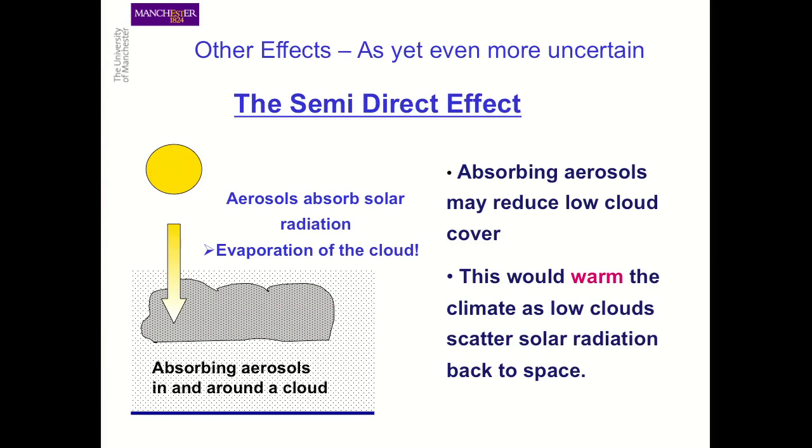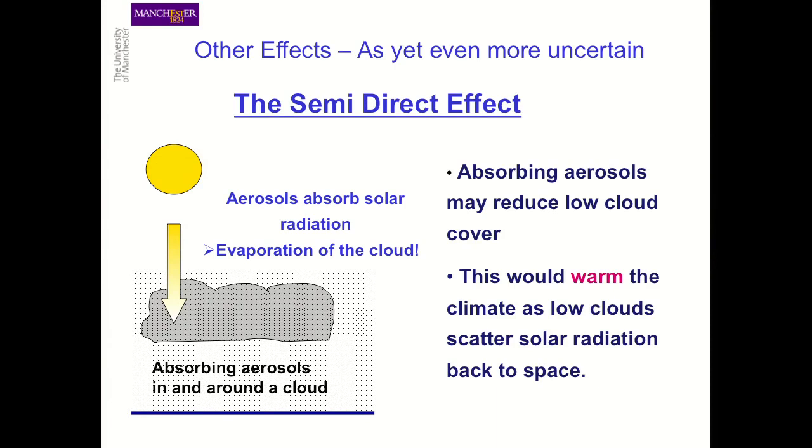Now, just to remind you that there are lots of other effects that we still don't know much about. We looked a little bit at these when we considered an aerosol layer, for example, over a different type of surface, whether it be reflecting or absorbing. So, for example, if we have lots of absorbing aerosols in and around cloud, what's that going to do?